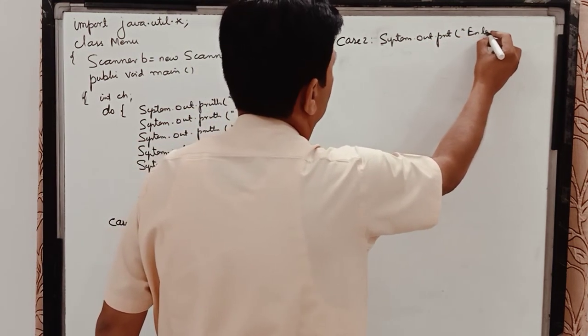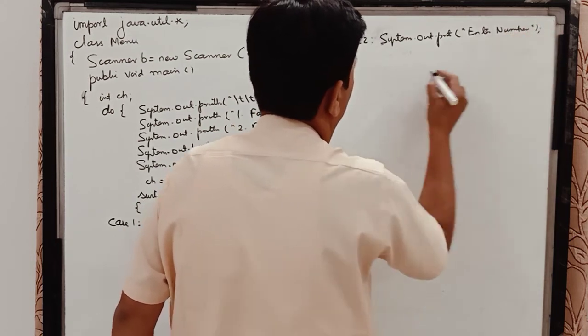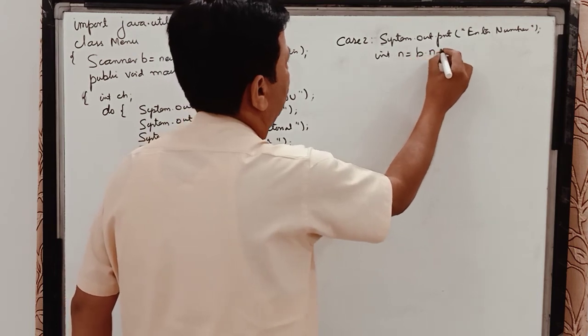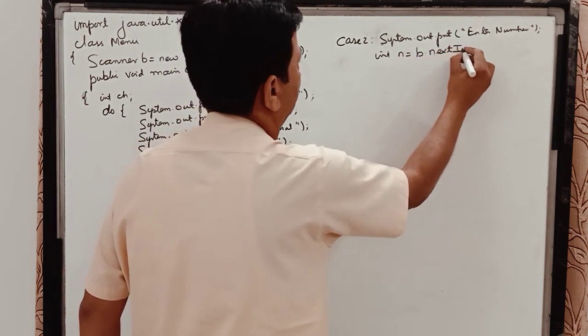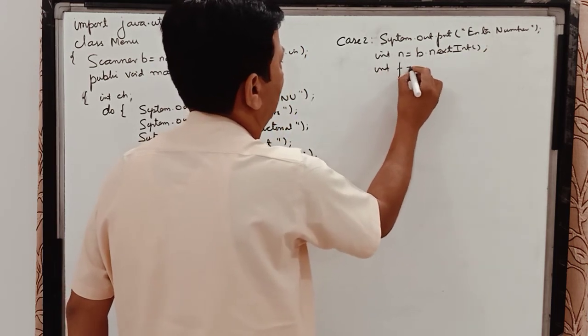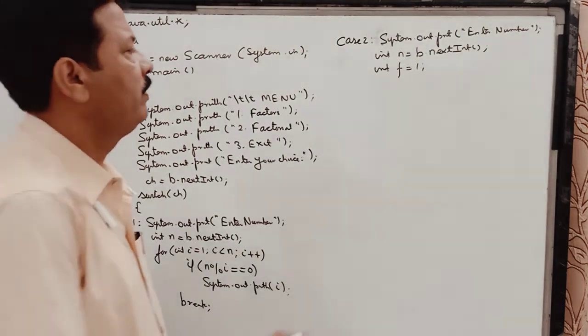So enter number. I enter my number here also in n. So b dot next int. And children, factorial I am going to calculate in f. So I have taken a variable f is equal to 1.